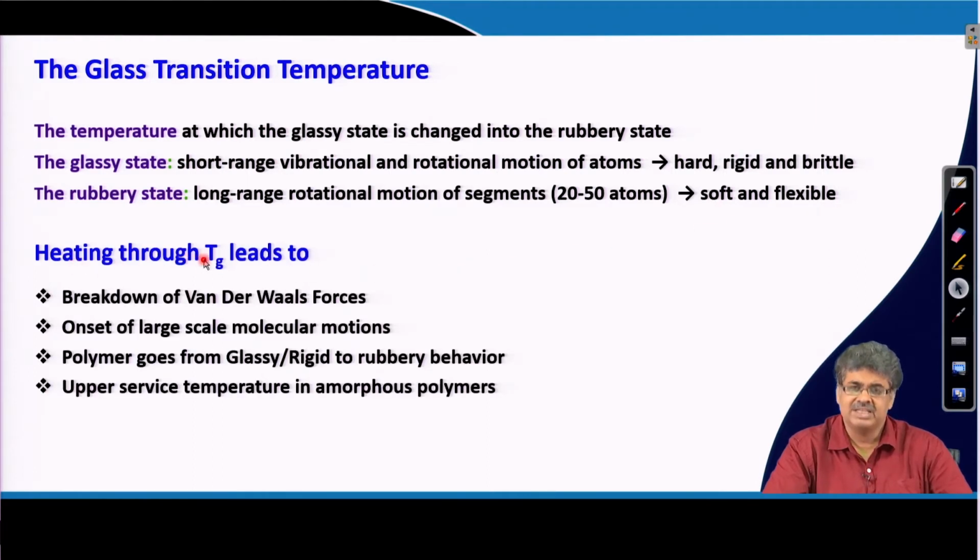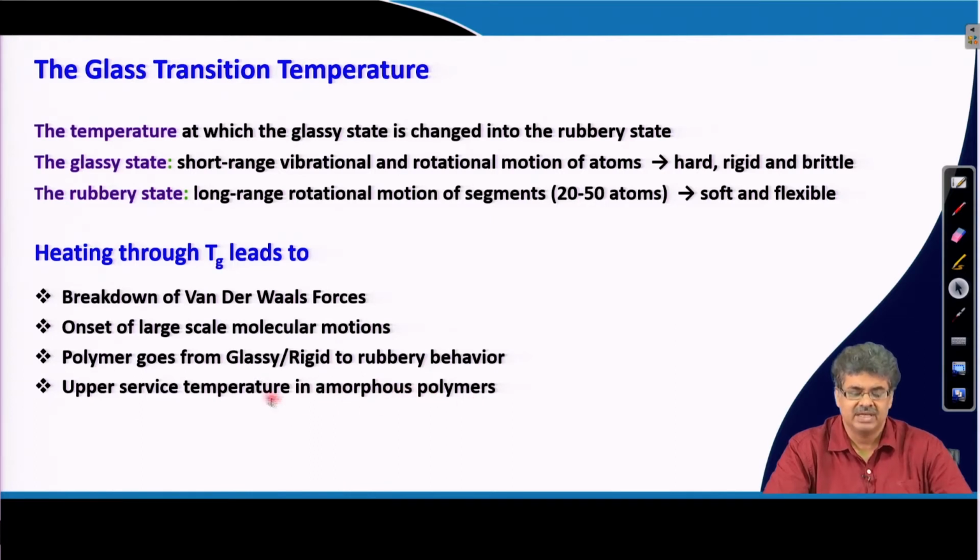Now, when you heat through Tg, there is a breakdown of van der Waals forces and onset of large scale molecular motion in polymer molecules. The polymer goes from glassy, rigid to rubbery behavior, and for a completely amorphous material this is very important because that gives the upper service temperature in amorphous polymers.